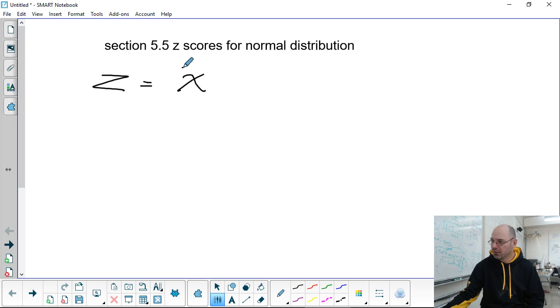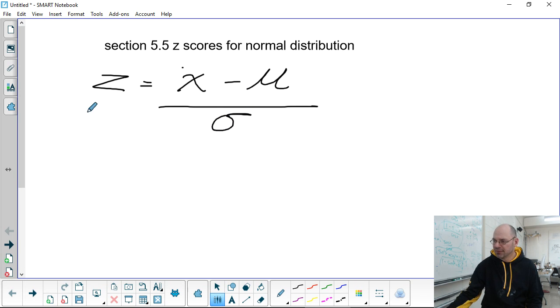Whatever data point is X, I think that's what your book uses. Minus the mean, and for the mean in the book, they use a fancy U, over the standard deviation. So this is the Z-score.